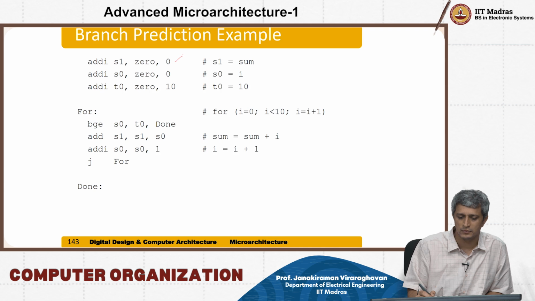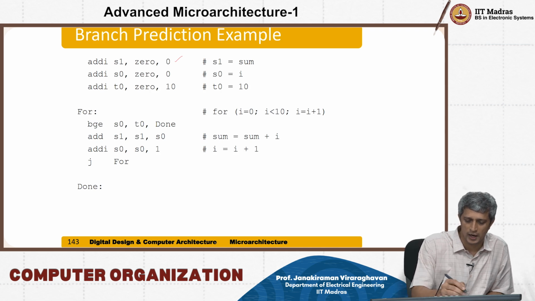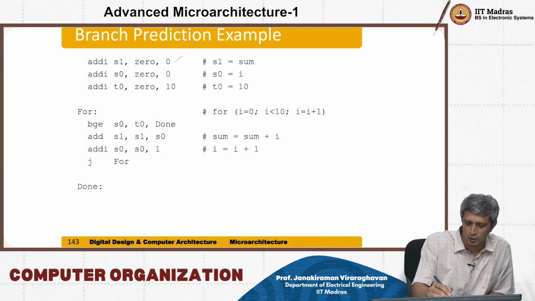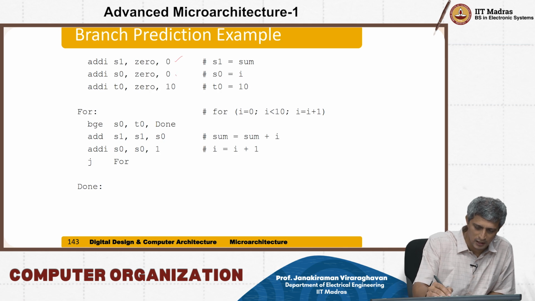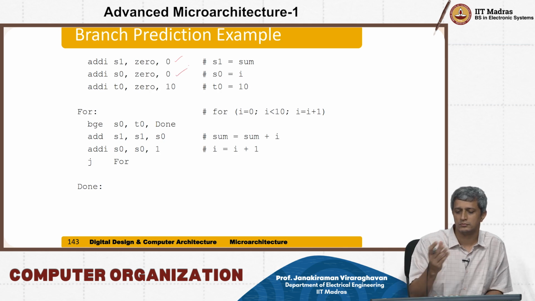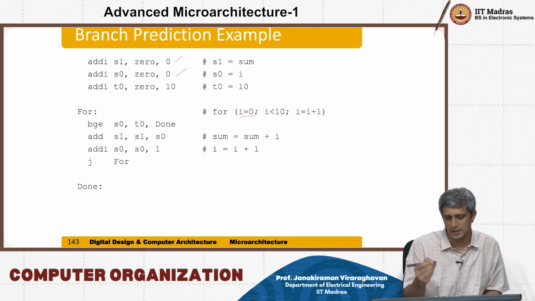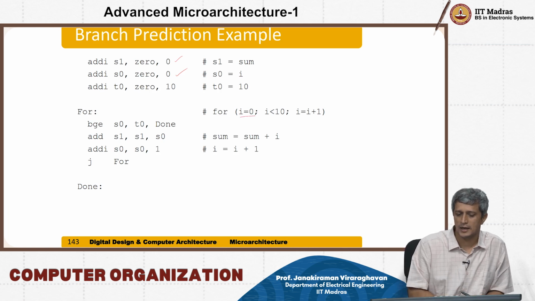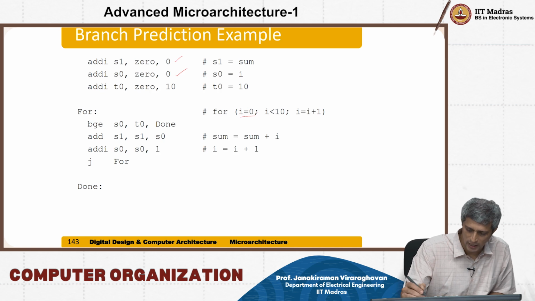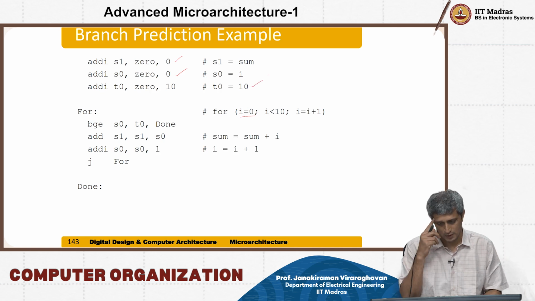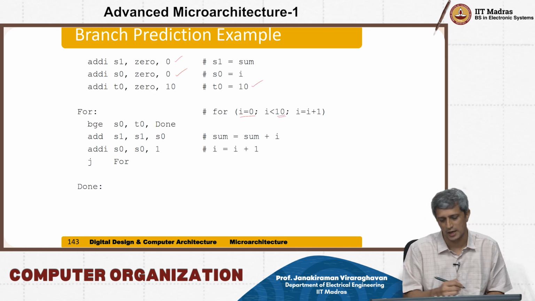Then addi S0, comma 0, which is the variable that I am going to assign to i. This is the i equal to 0 that is happening there. That's a register that I am using, by the way, and addi T0, 0, 10. I am going to say T0 is 10. That's where I am storing this number.